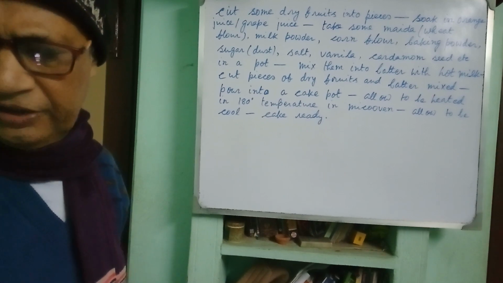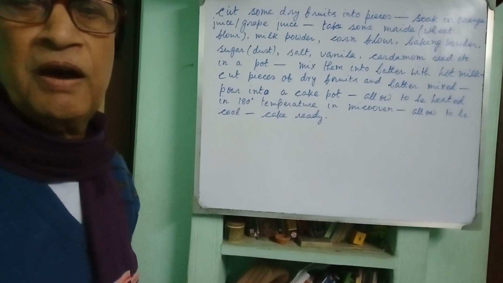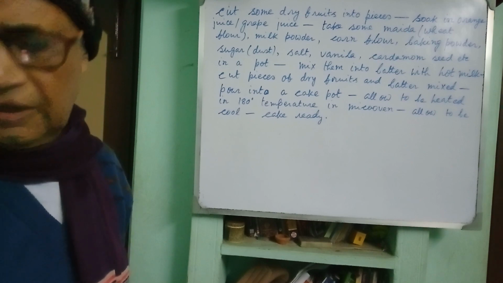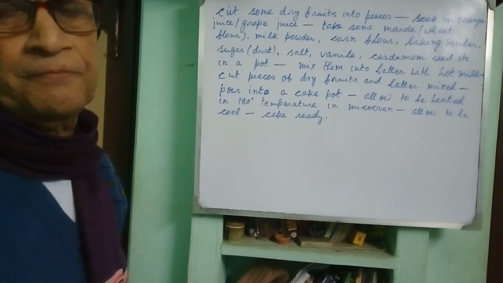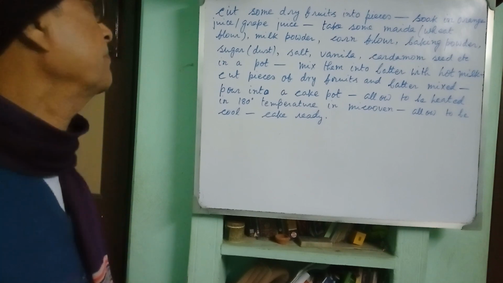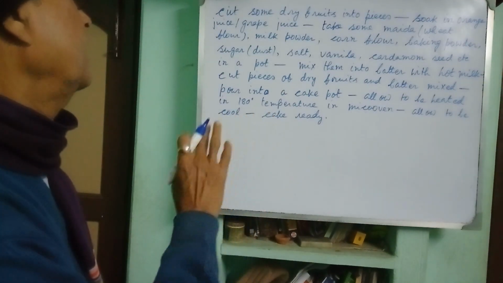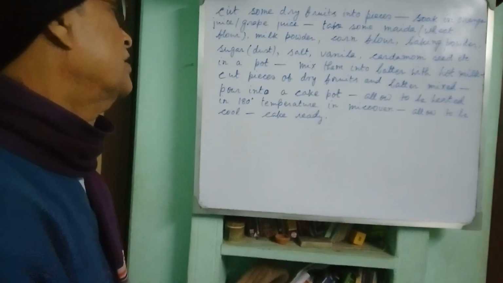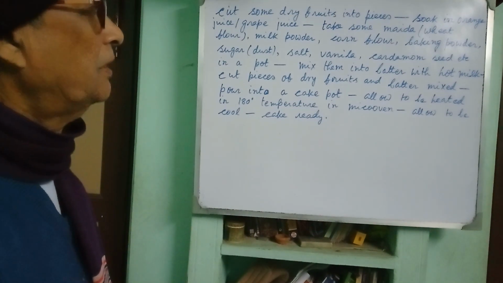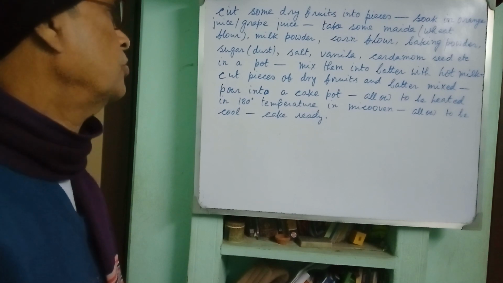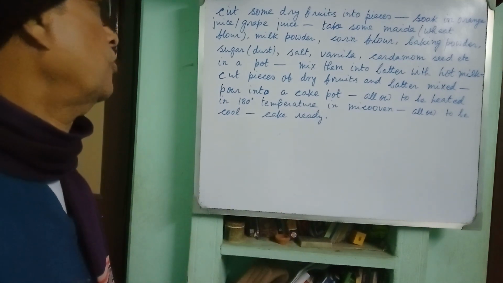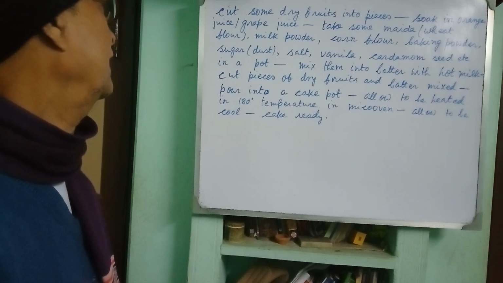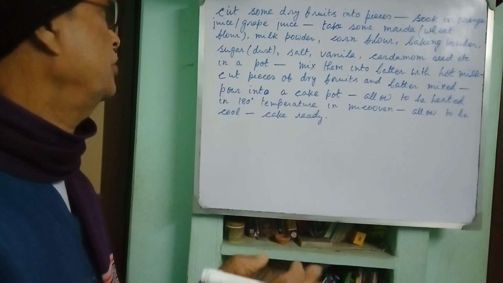And I think that all of you have understood the preparation of cake. Again, I am repeating. First, some ingredients like dry fruits are cut into pieces, and after this, those dry fruits are soaked either in grape juice or in orange juice.